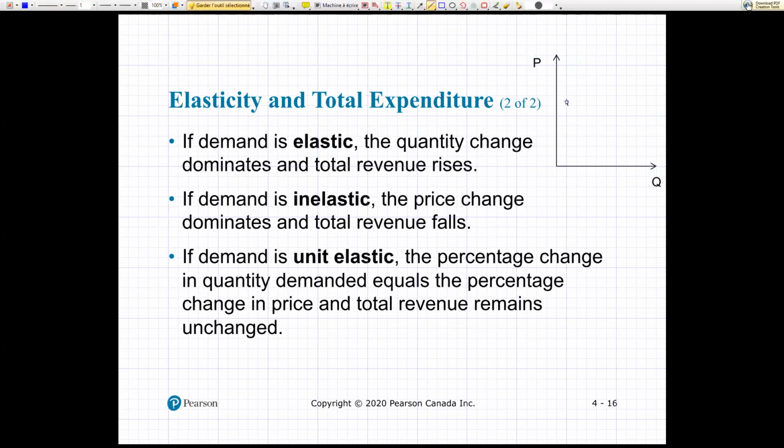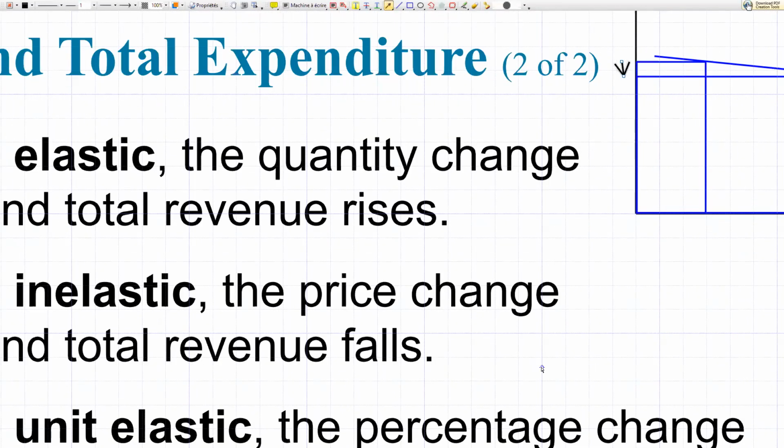So elastic demand. So you see that the price just declined by a tiny bit. And I have many more customers.